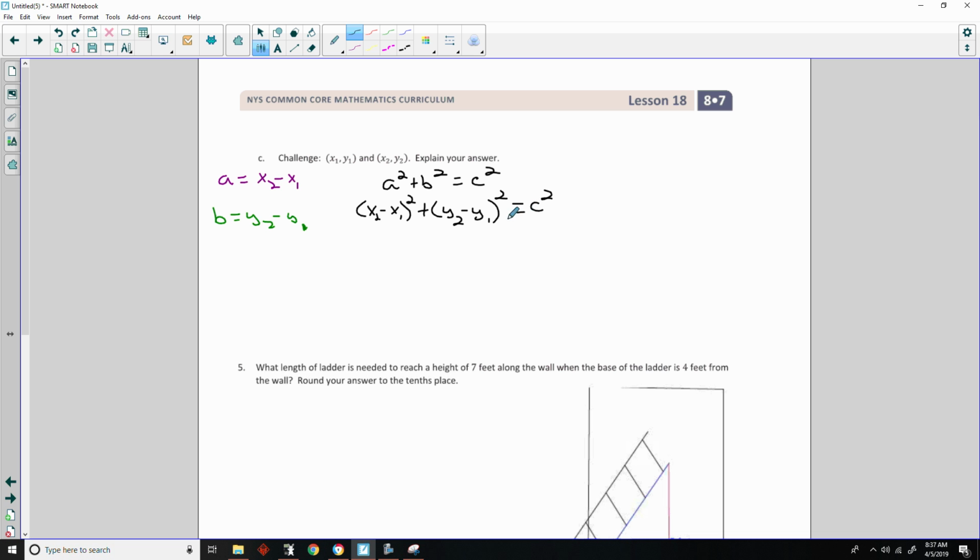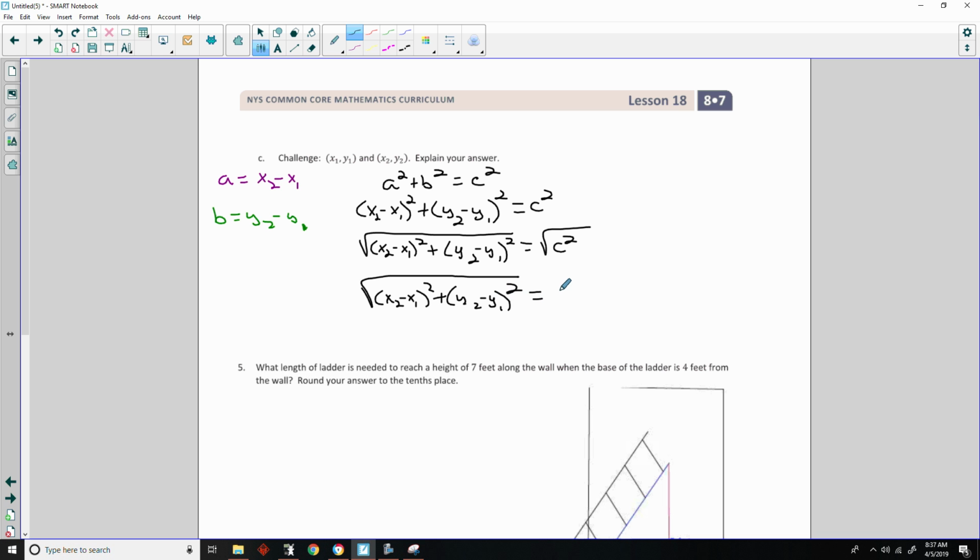Okay, and then to get c, I have to take the square root of both sides. So if I take the square root of all this, which is x sub 2 minus x sub 1 squared, plus y sub 2 minus y sub 1 squared, that's going to equal the square root of c squared. So the square root of (x sub 2 minus x sub 1) squared plus (y sub 2 minus y sub 1) squared equals c.